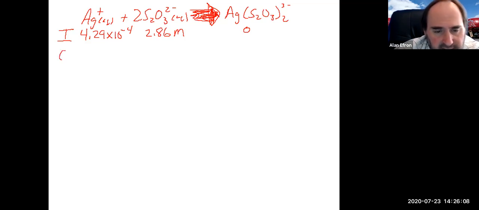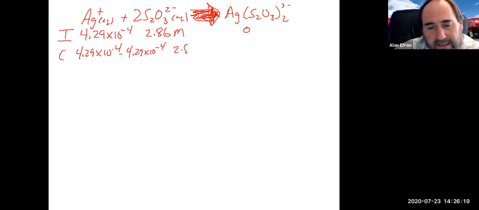The change here is going to be basically 4.29 times 10 to the minus 4 minus 4.29 times 10 to the minus 4. This will be 2.86 minus 2 times 4.29 times 10 to the minus 4 as I crawl over to this side, and this will be plus 4.29 times 10 to the minus 4.